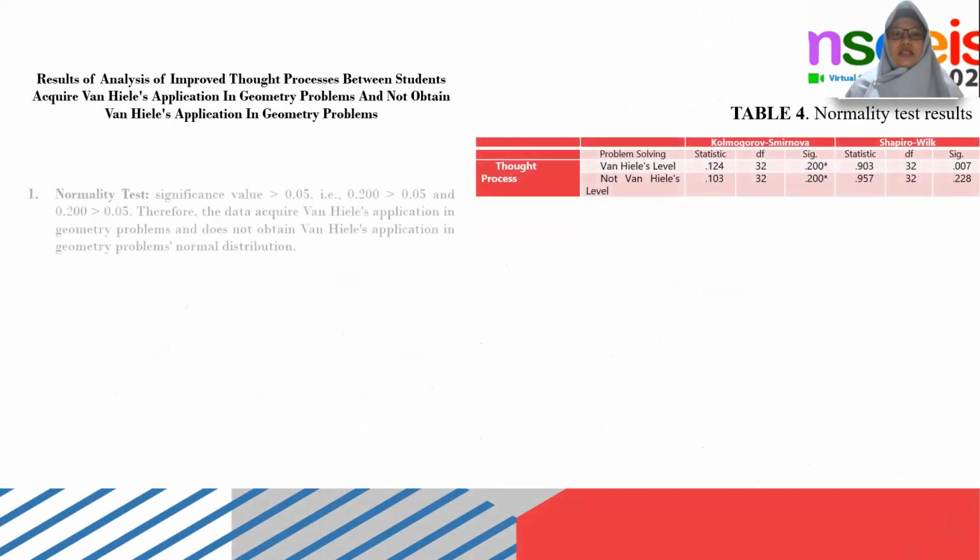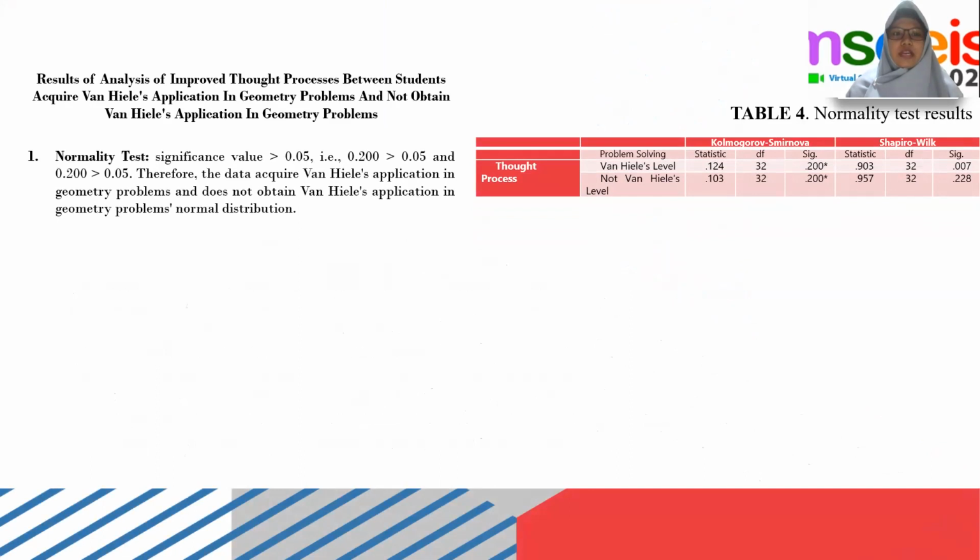The result of the normality test, the significant value is 0.200, which is greater than 0.05, and 0.200 is greater than 0.05. Therefore, the data of students who acquired Van Hiele application in geometry problems and who did not are normally distributed.